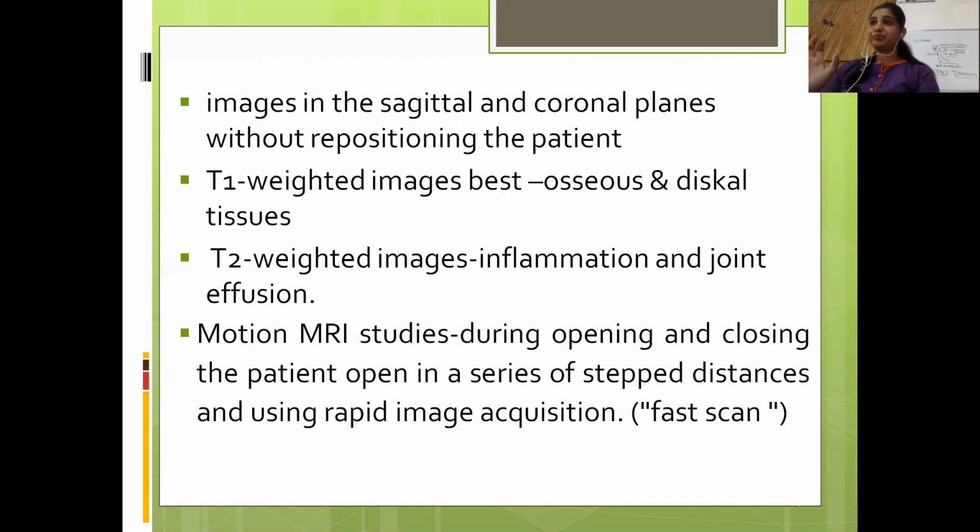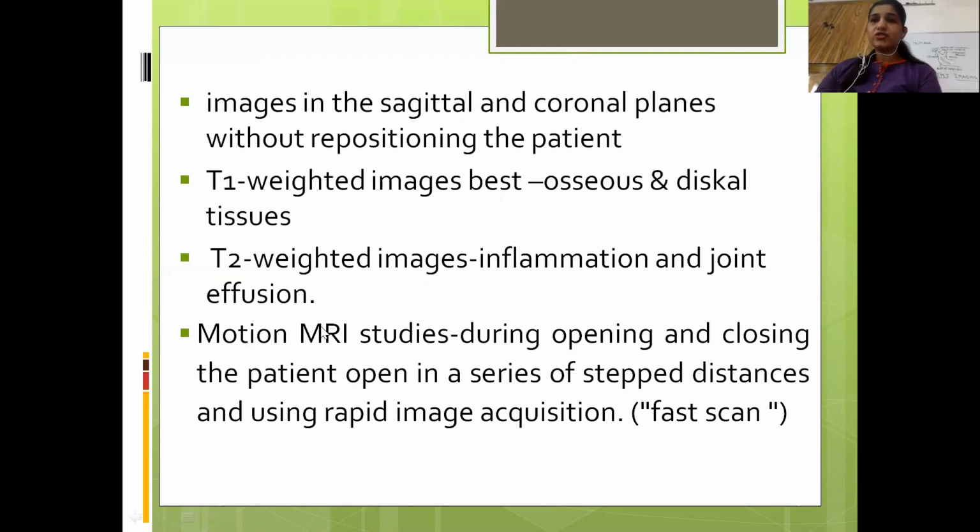But in T2 weighted images, we will see more hypodense things that the MRI is showing.